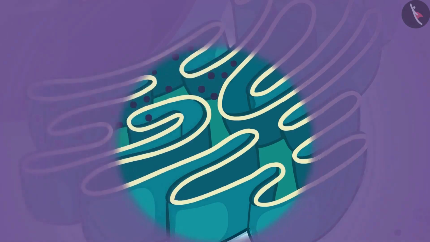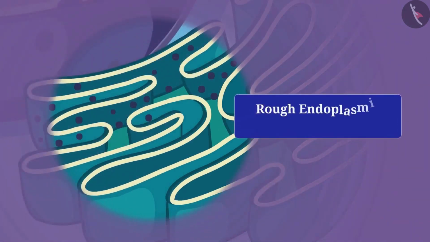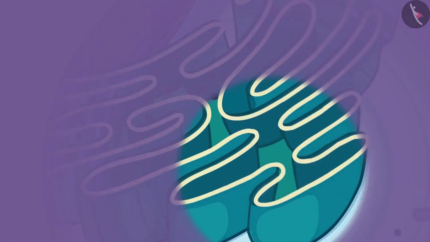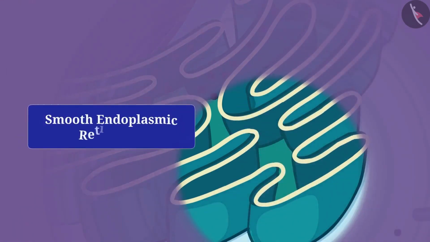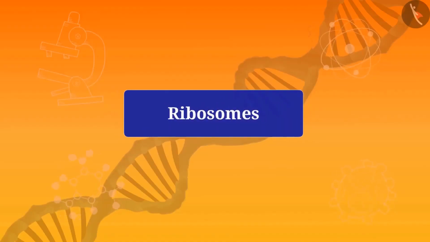The endoplasmic reticulum that has black dots is called rough endoplasmic reticulum, and the one without dots is called smooth endoplasmic reticulum. Do you know what these black dots are? These black dots are called ribosomes.